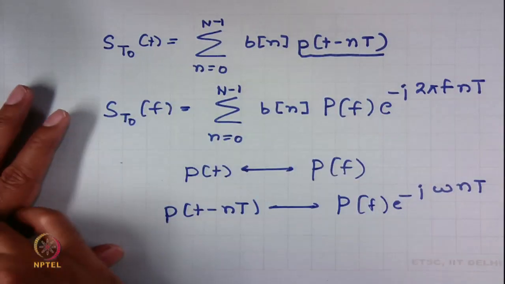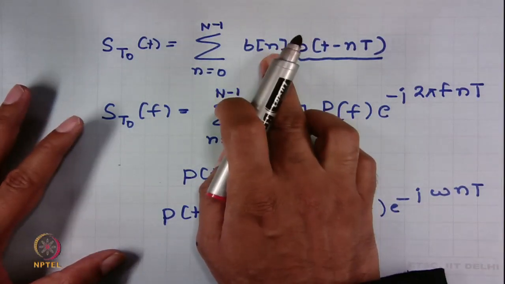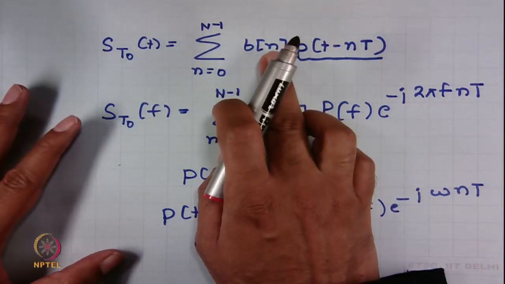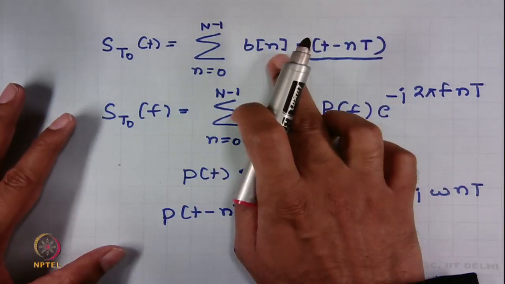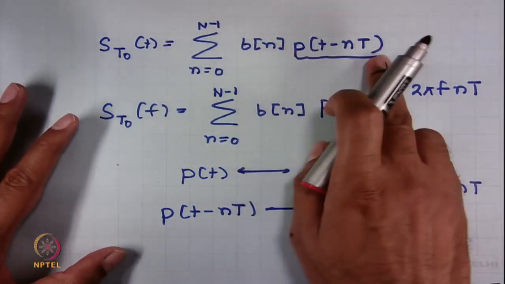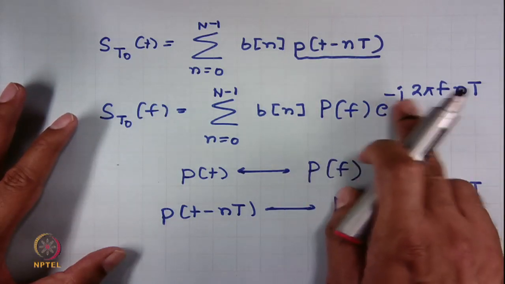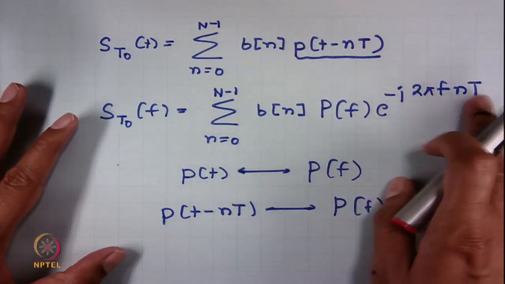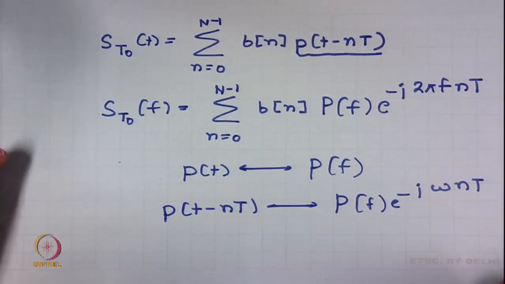So, taking the Fourier transform of it, B n we know is a constant with respect to time. B n is not a function of time, P of t minus n T is a function of time. So, I have B n. Now, I have to take the Fourier transform of this pulse. The Fourier transform of this pulse I have assumed is P of f into e to the power minus j 2 pi f n T. This is by the properties of Fourier transform.